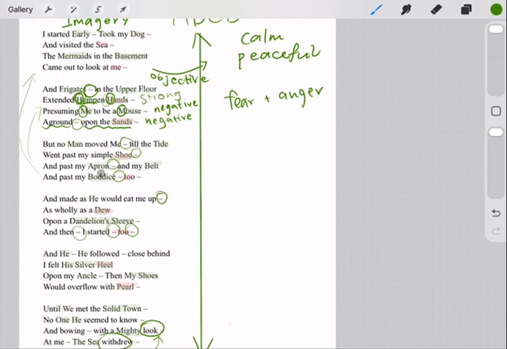So it gives a very frightened, fearful, anxious feeling, because she's really scared and vulnerable during the man's action, the tide's actions.